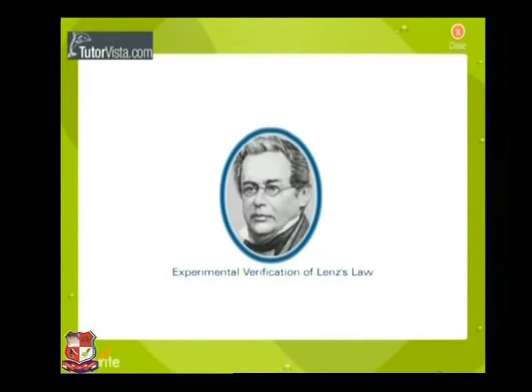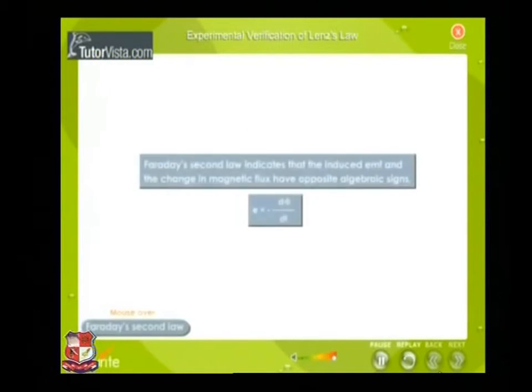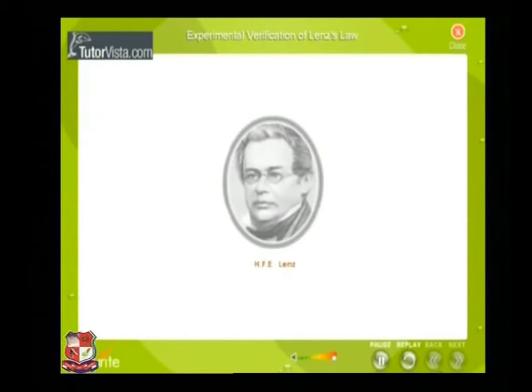Experimental verification of Lenz's law. Faraday's second law indicates that the induced EMF and the change in magnetic flux have opposite algebraic signs. Lenz gave the correct physical interpretation of this law, and this interpretation is known as Lenz's law.